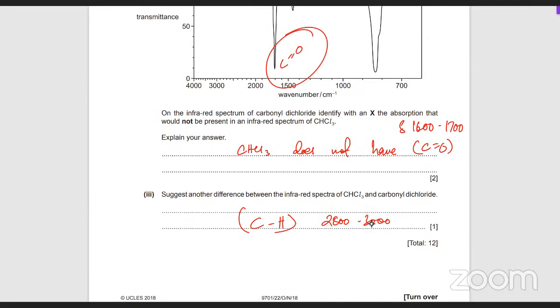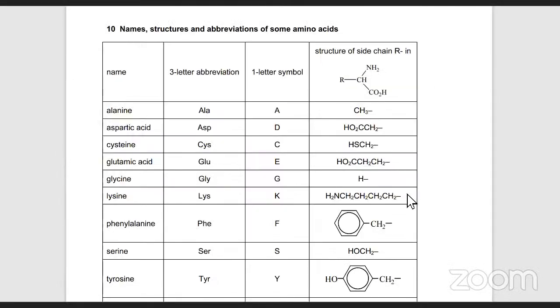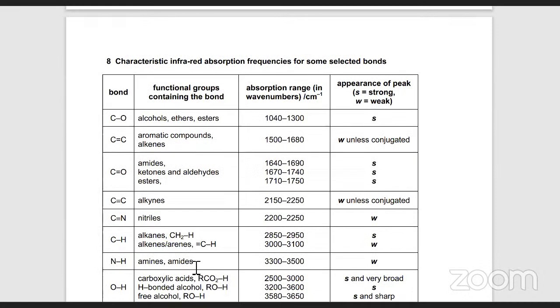The molecule that they are talking about doesn't have a CH bond, right? तो data booklet में CH कहाँ पे है? वही है 2800 to I guess 3100. ठीक है.